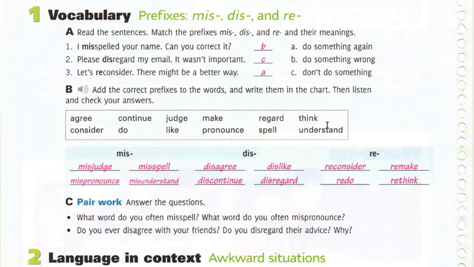Okay, and we're going to use the prefixes. So remember, miss means do something wrong. So we're going to do the verb, but we're going to do it wrong. So it's misjudge, misspell, mispronounce, and misunderstand.